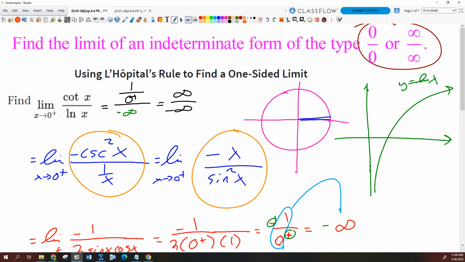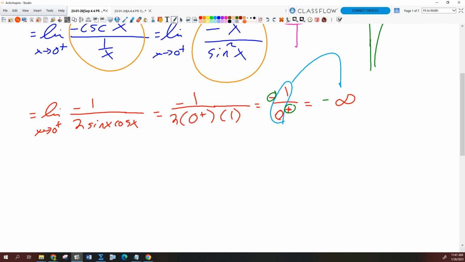When we evaluated, that was still indeterminate, so we'll go again. We'll apply L'Hopital's rule again. But as soon as we get to an answer where we're no longer indeterminate, then I just evaluate the limit. I stop with L'Hopital's rule.